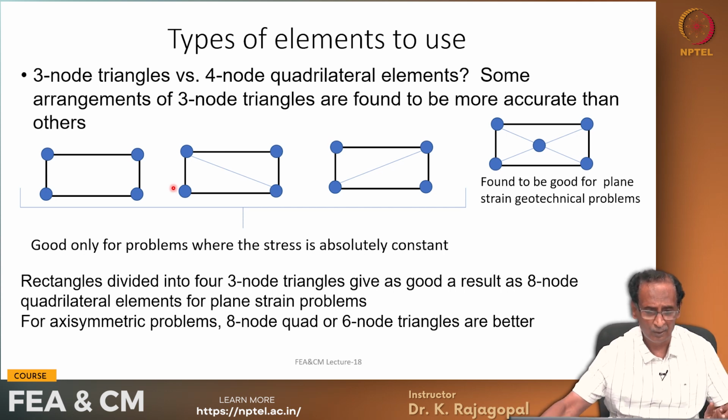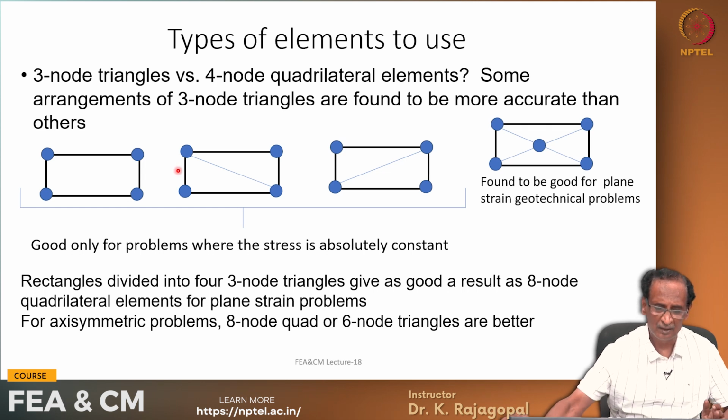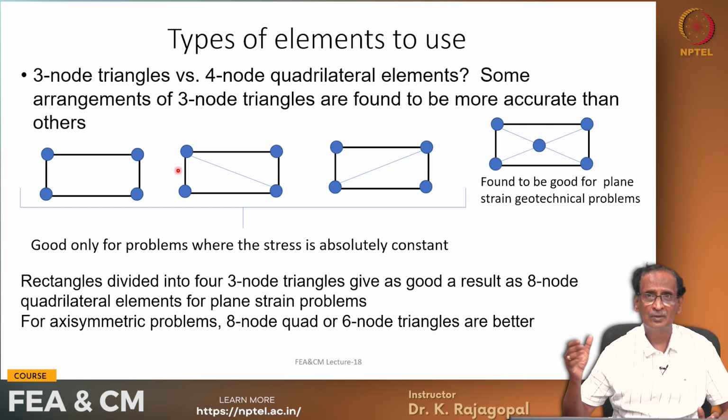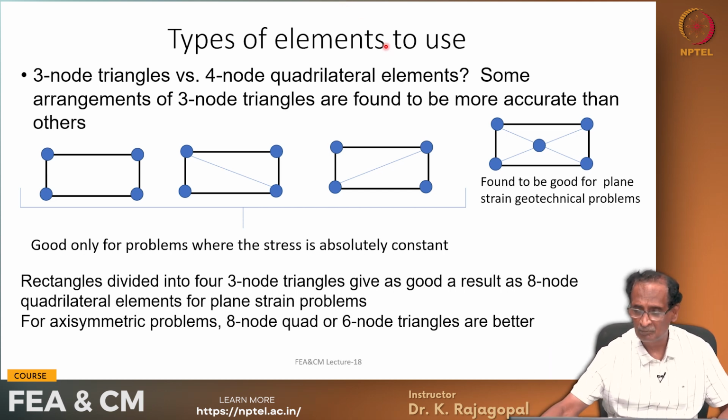For those cases, we may be able to get reasonable results, but otherwise we should not use them, or we should refine the mesh so much that we can approximate the stress field that we get.